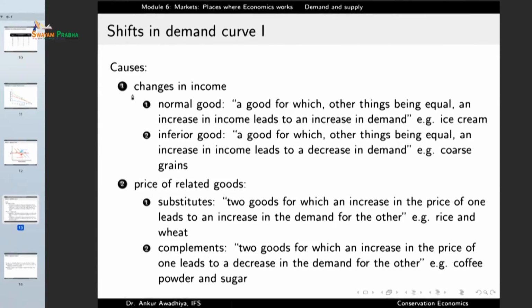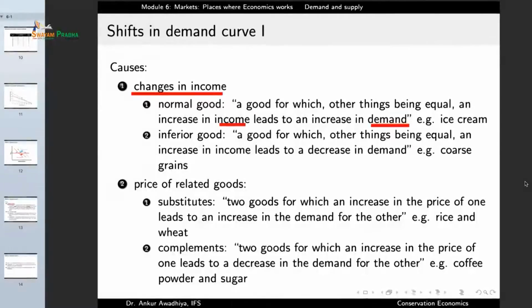So changes in income will lead to changes in the quantity that is demanded at any price. Now, when we are talking about the normal good or the inferior good, we are only talking about changes in income which is leading to a change in the demand. This change in the demand will be at any price. So, suppose earlier the ice cream was available at 10 rupees. You start earning more, so you demand more ice cream at 10 rupees.